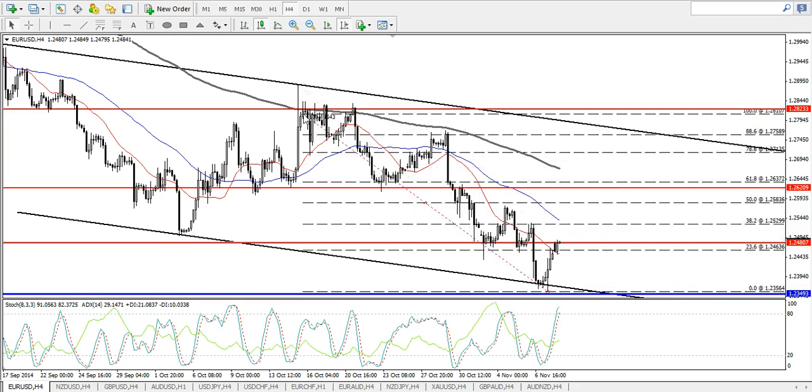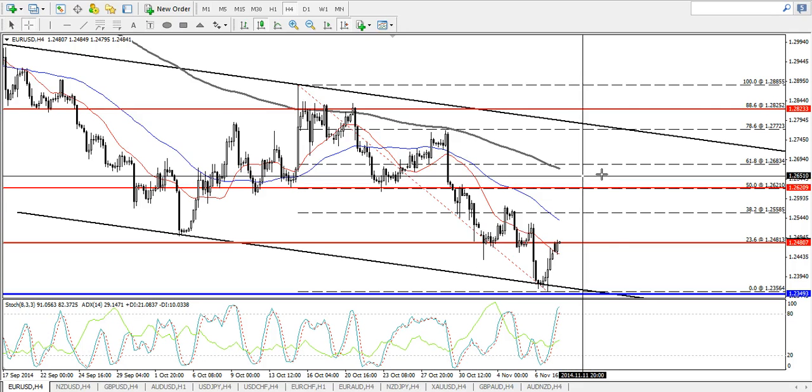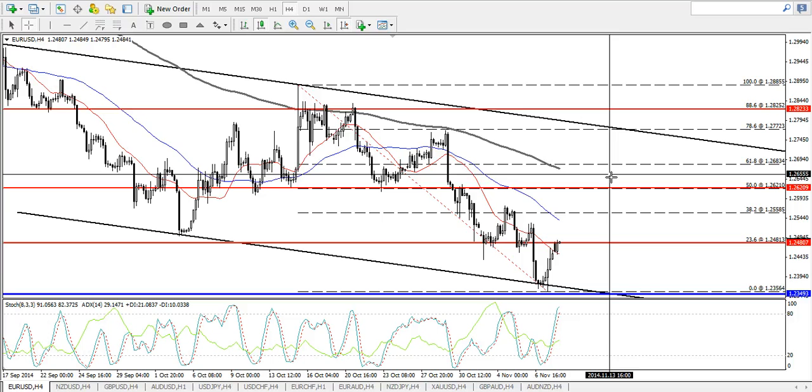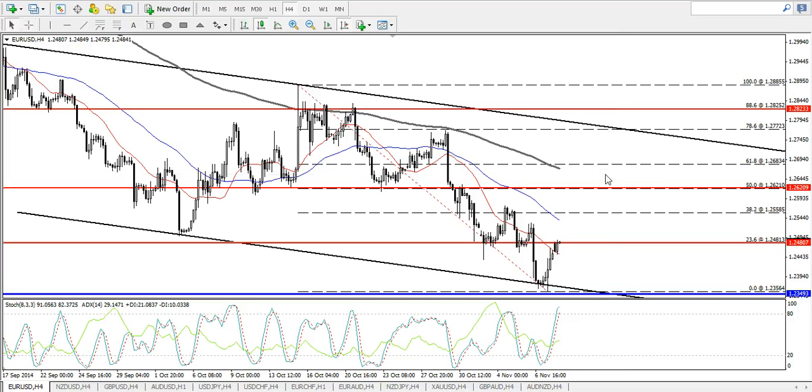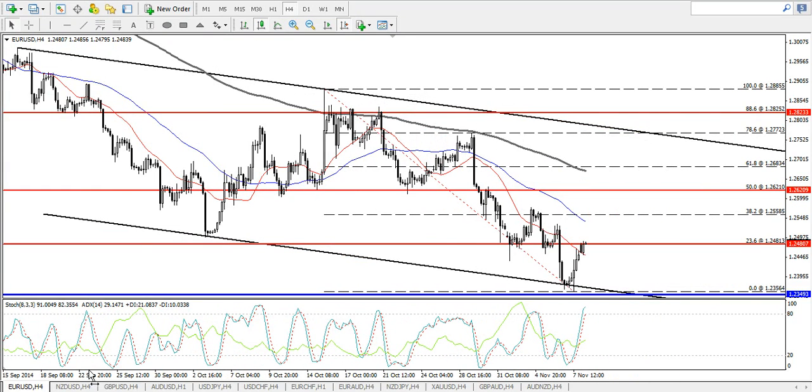Alright, so this is the retracement level that I've plotted over here, followed by the retracement level of 50%, which used to be a support level over here, as you can see, and if not, there will be the retracement level of 61.8%, which coincides with the 200 moving average. Alright, so that is for the euro against the US dollar.